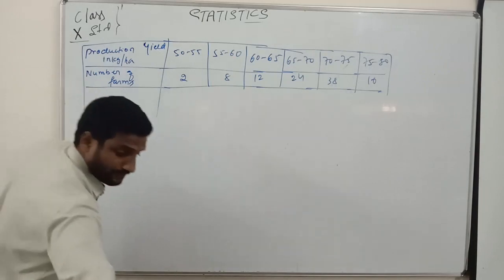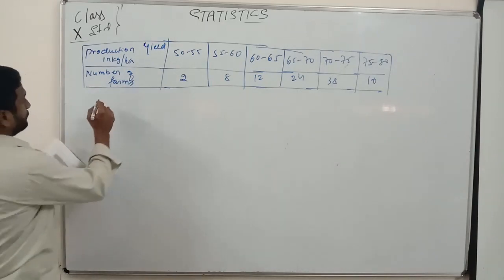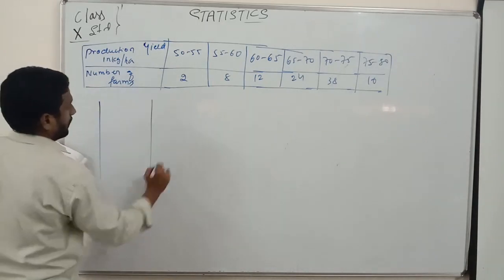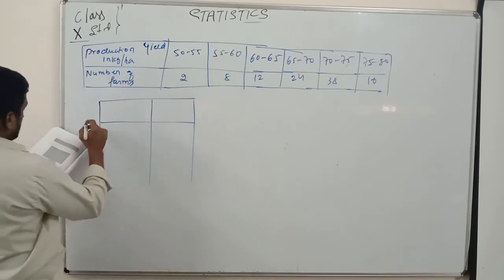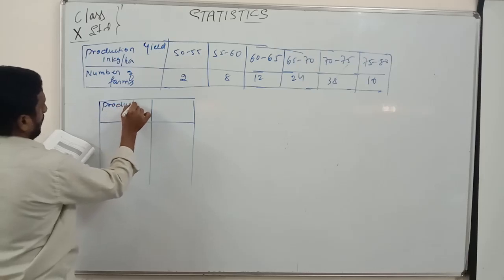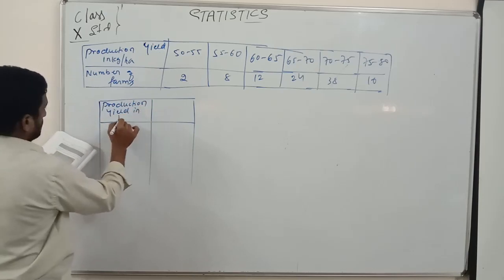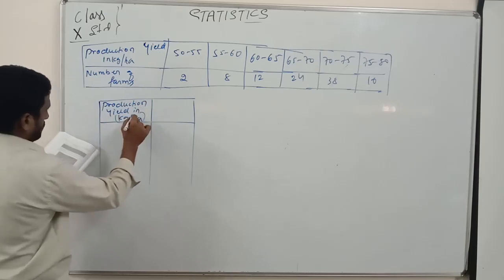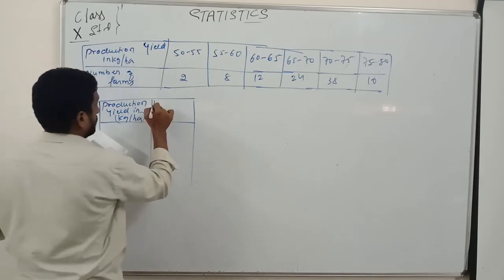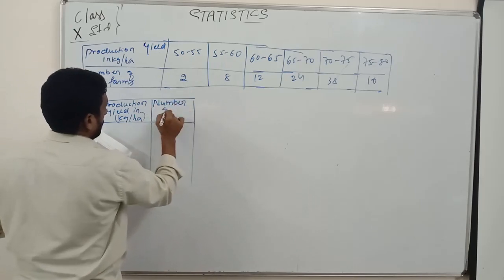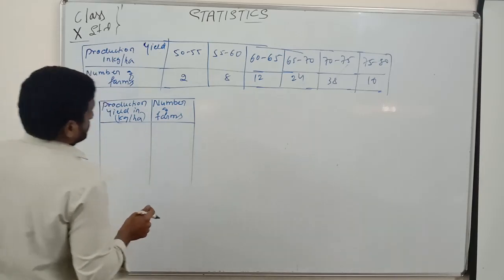I am drawing the table vertically here. Two columns are enough: production yield in kg per hectare, and the second column, number of farms.